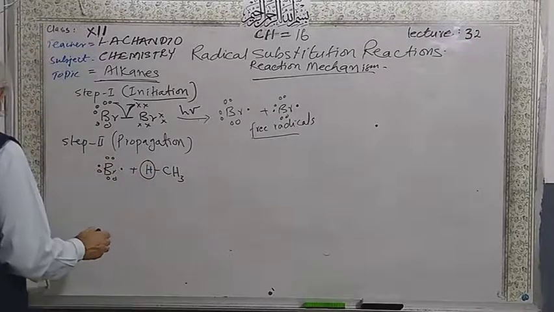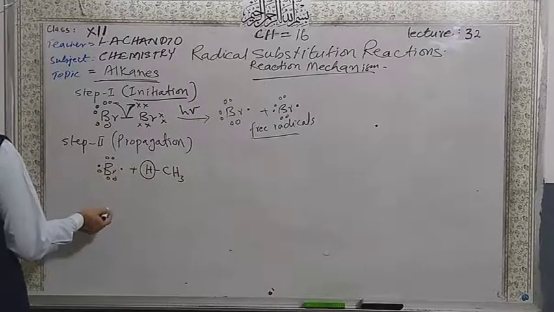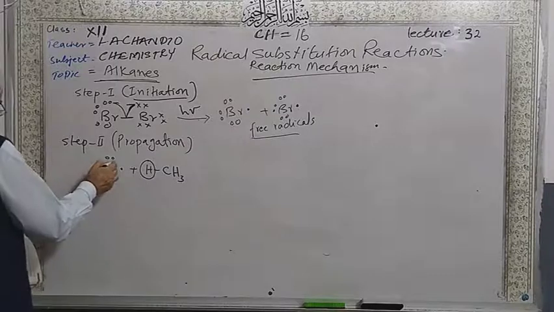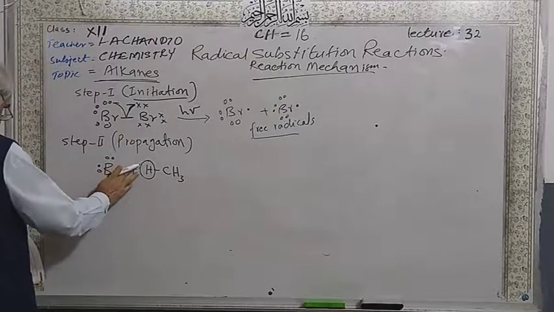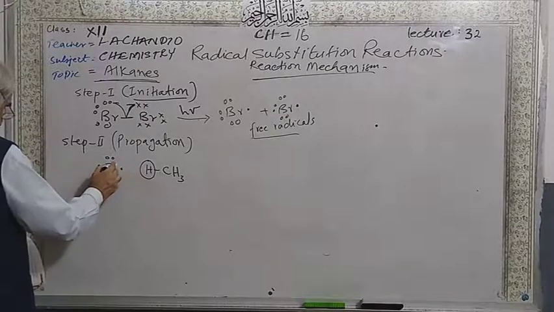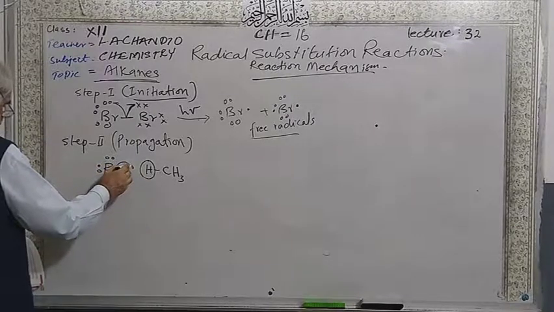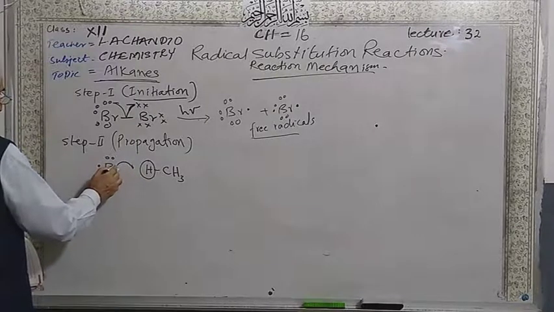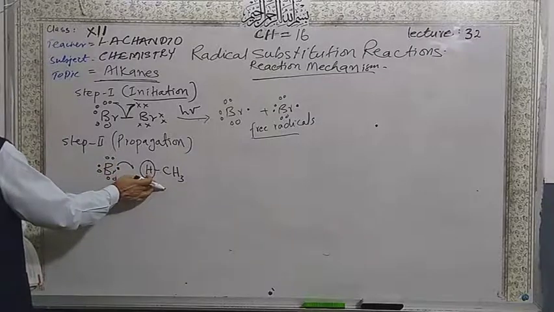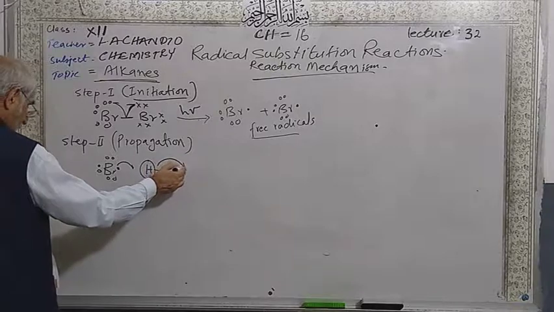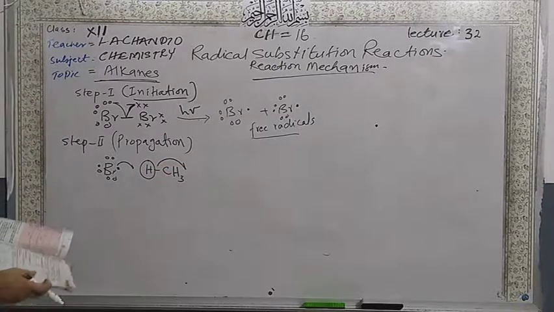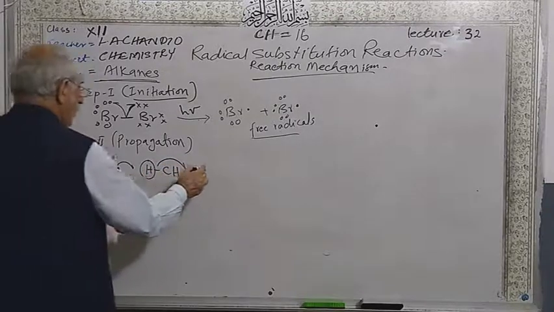In this abstraction, a bond is formed between bromine and hydrogen. It is equivalent to this: there is a half curly arrow movement of the electron towards the hydrogen, and this bond between hydrogen and carbon is going to be broken down.